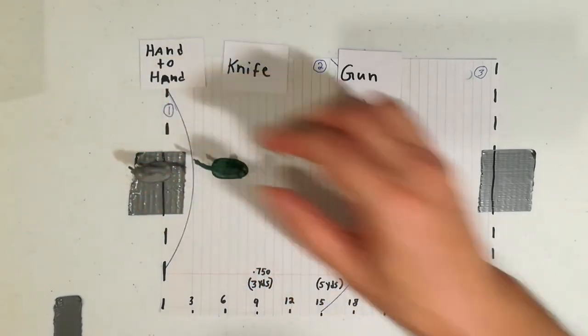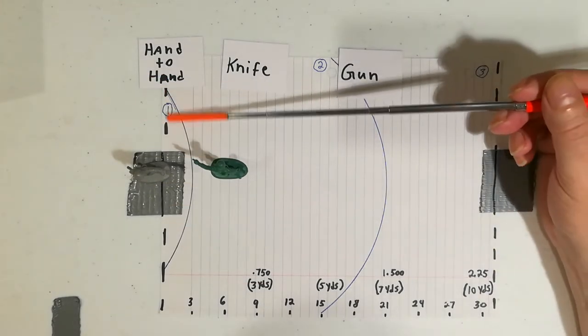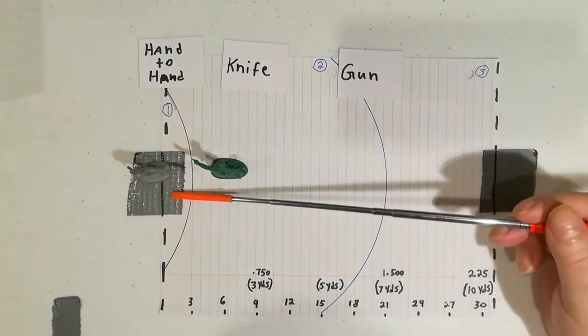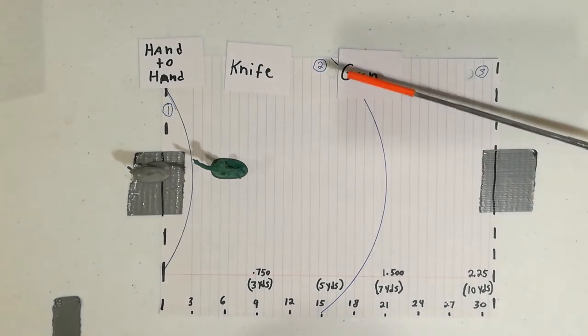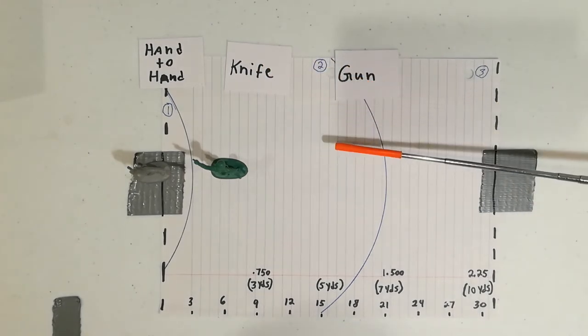So we have to give martial arts guys credit for this first circle right here, because you might not be able to reach for that knife, you might not be able to reach for that gun.